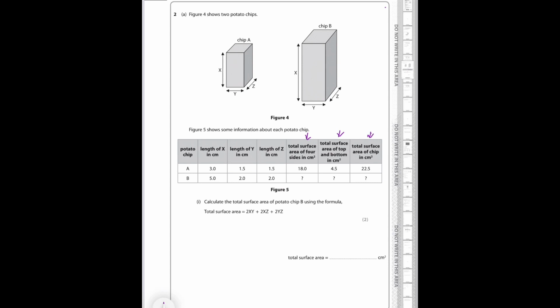And our question is, calculate the total surface area of potato chip B using the formula total surface area is 2x times y plus 2x times z plus 2y times z.